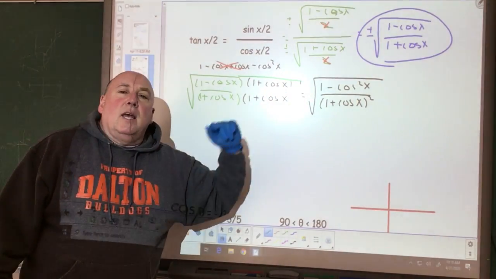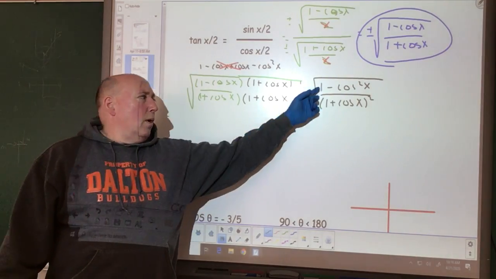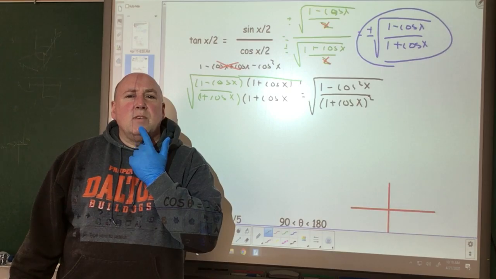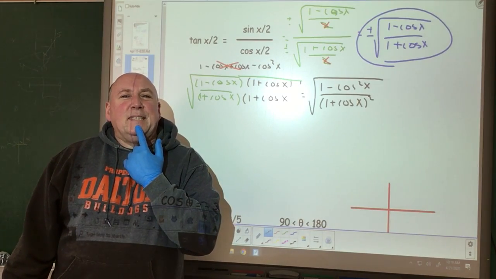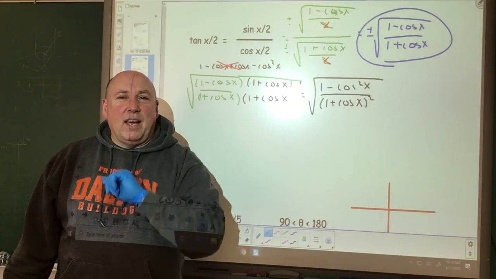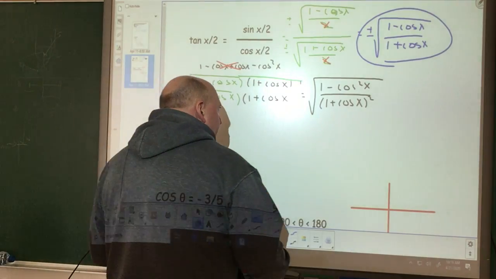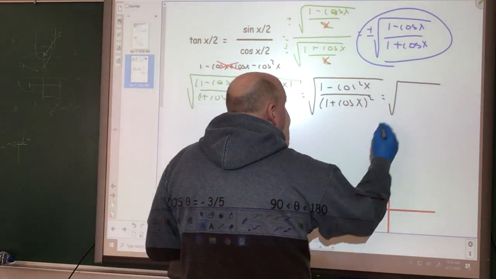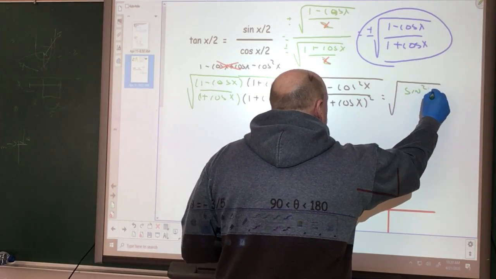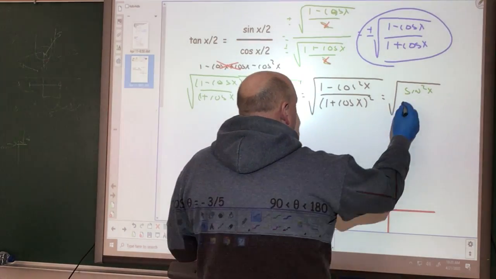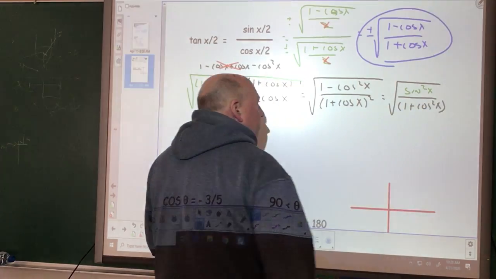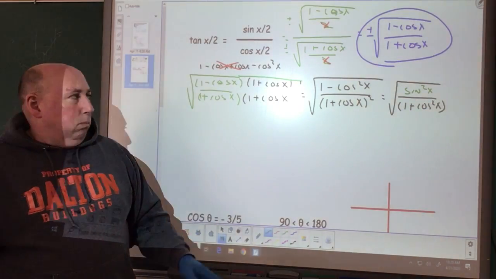Now, thinking back to day 1 when we dealt with some trig identities, 1 minus cosine squared is equal to something else. What was that? That's correct, it is the sine squared. So this is equal to the square root of sine squared of x over 1 plus cosine squared of x.